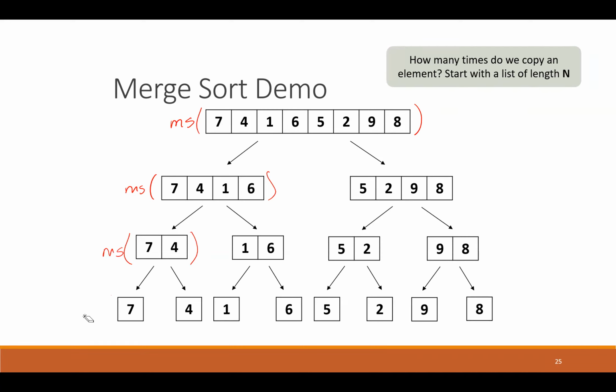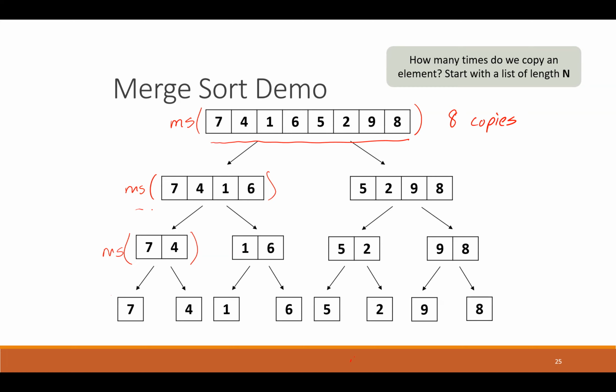And so we could sum up all the copies made here in the first step, plus everything in the second step, plus that one. But one thing we can notice is that, if we look at this recursion tree, on this level of my recursion tree, I make 8 copies.